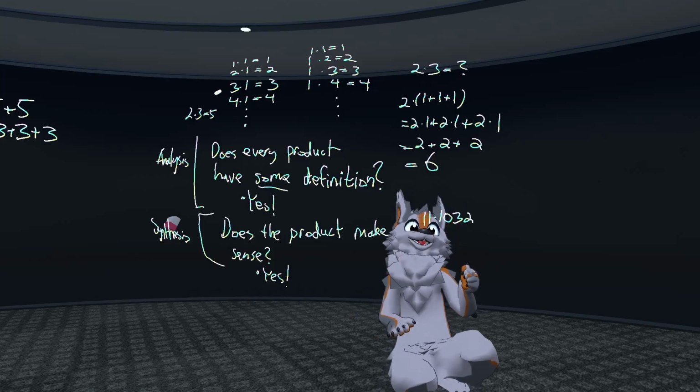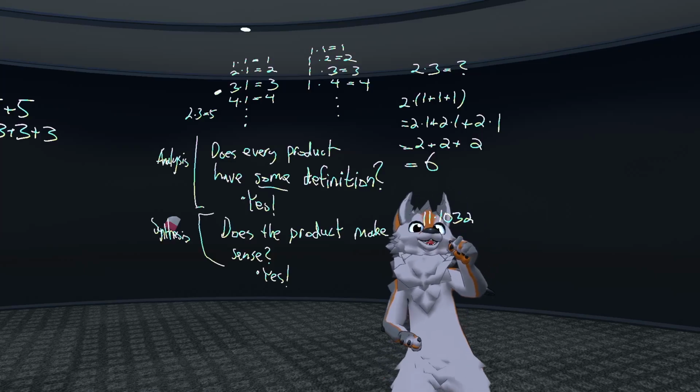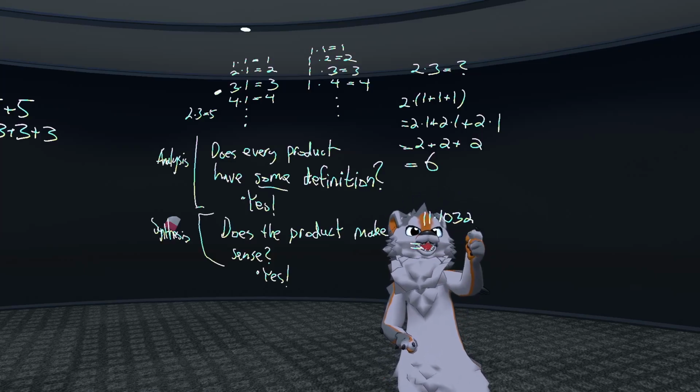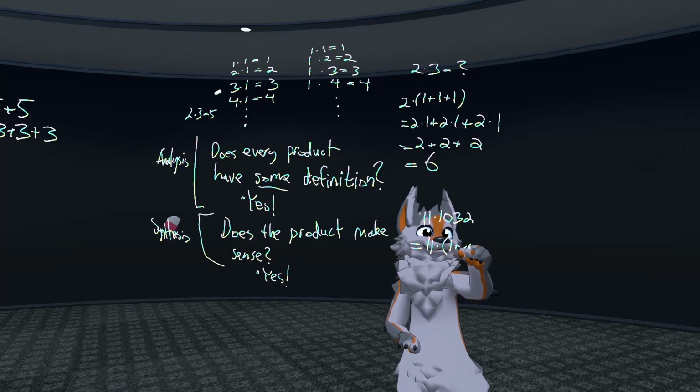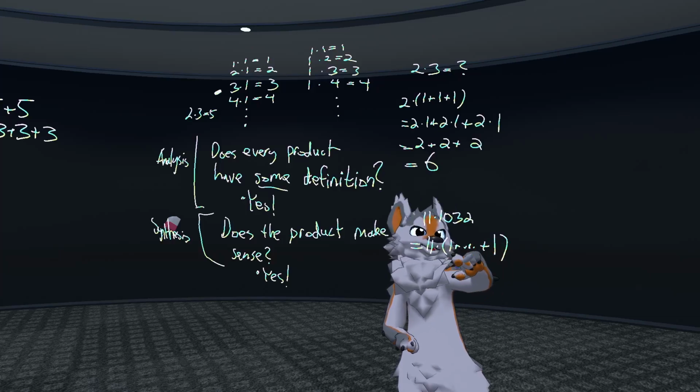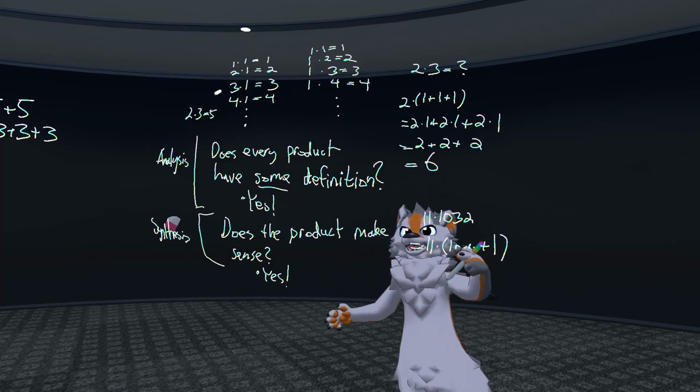Well, in that case, we can decompose this 1032 into a sum of ones. So that's going to be 11 times (1 plus 1 plus ... plus 1). And then this is also going to be defined according to our rule. So, yes, that's valid.